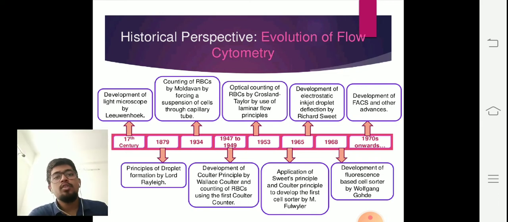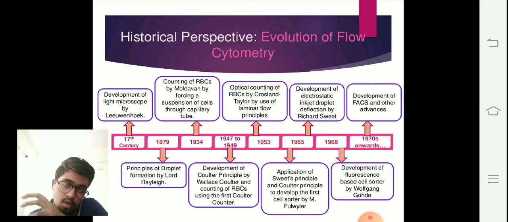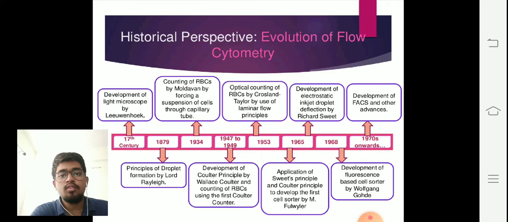You can see how from the light microscope to FACS, a lot of developments happened in science, and they were all connected, leading to one of the finest instruments to be developed, flow cytometry. Every discovery during this timeline is important and essential, and led to the design and development of the flow cytometer.